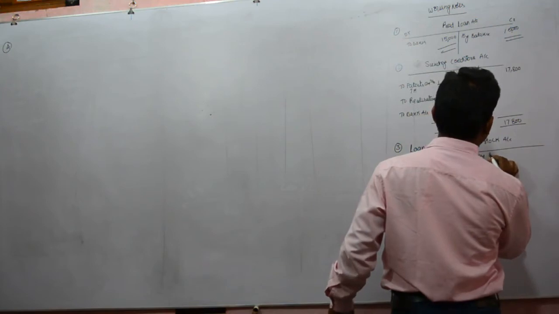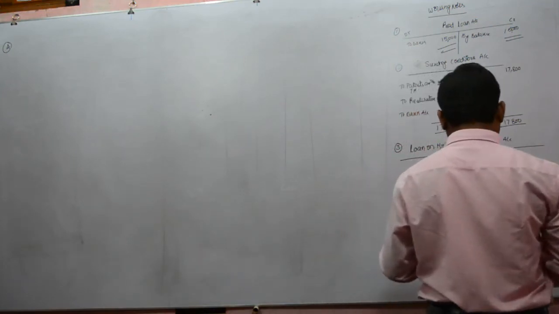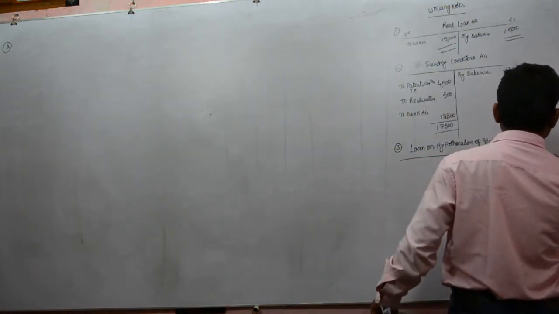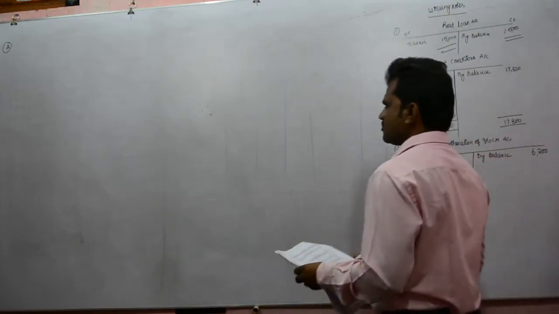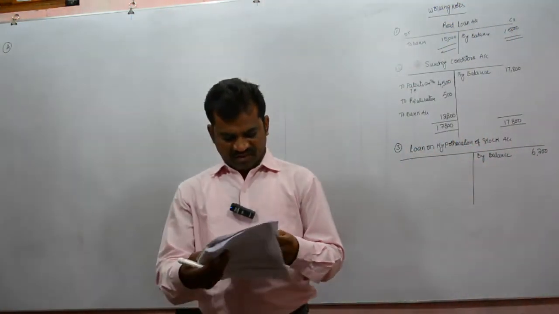By balance, the amount is 6,200. See here, go to point number C.